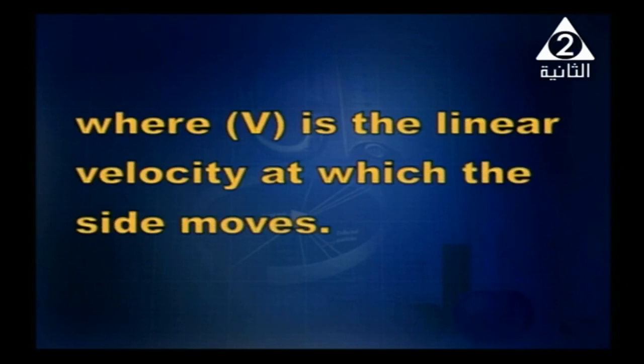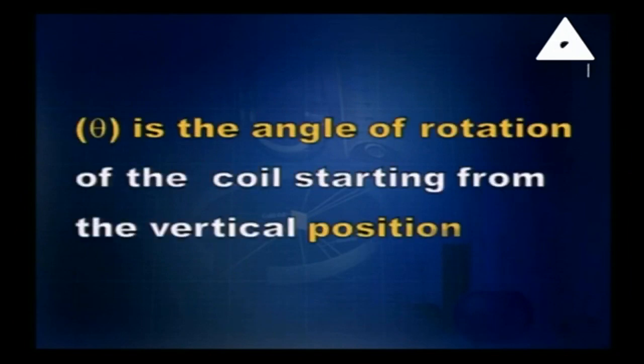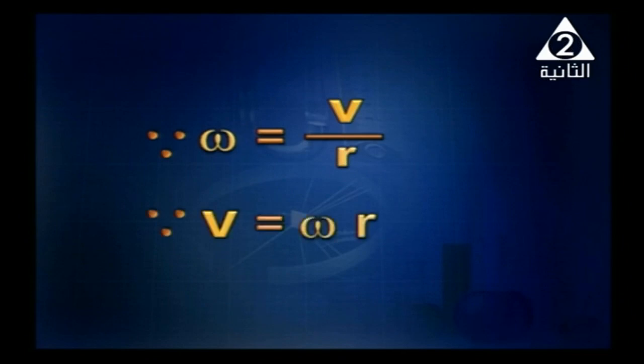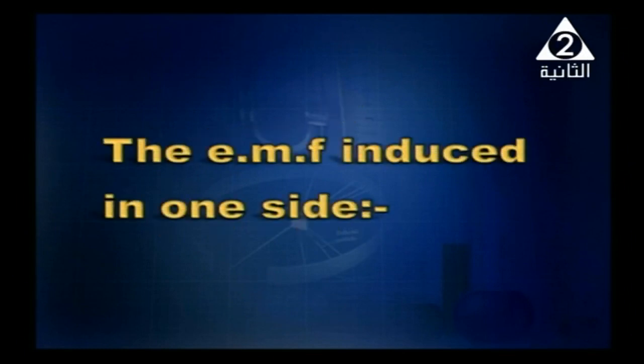V is the linear velocity at which the side moves. Theta is the angle of rotation of the coil starting from the vertical position. Since omega is given by V over R, the linear velocity equals the angular velocity omega times R. So the EMF induced in one side can be expressed as follows.